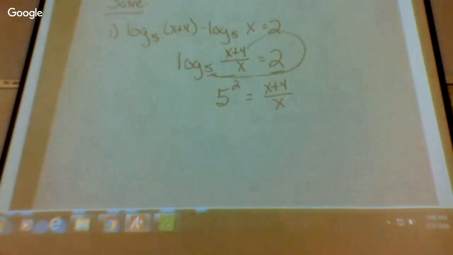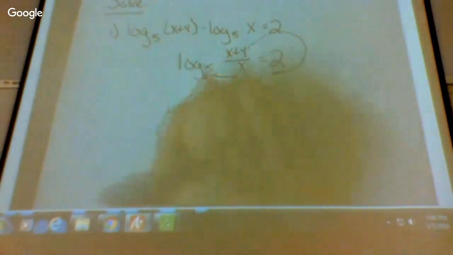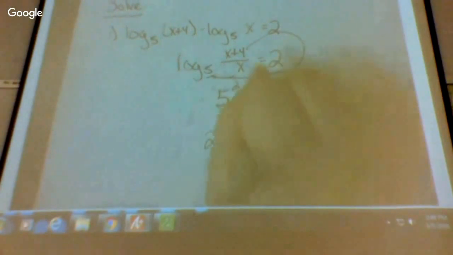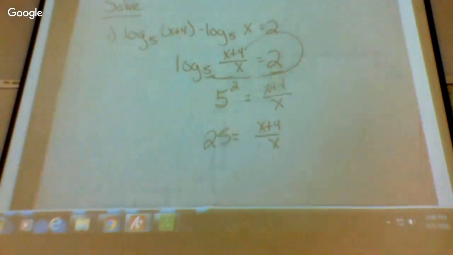Okay, 5 squared is just 25. I think everybody here knows that. Okay, I need to get those x's separated because right now I have x plus 4 over x, and that's not good. How can I move that divided by x over?